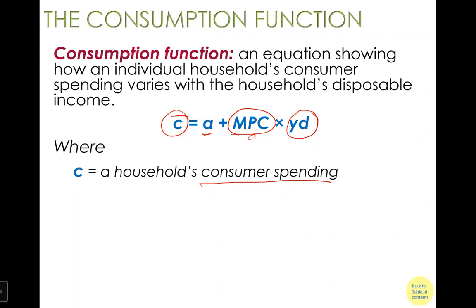But certainly, in reality, MPC is going to be different from person to person. For a low-income household, usually the MPC is larger than for a billionaire, right? Because the billionaire already has lots of consumption. For an additional dollar they receive, they may spend a smaller fraction.